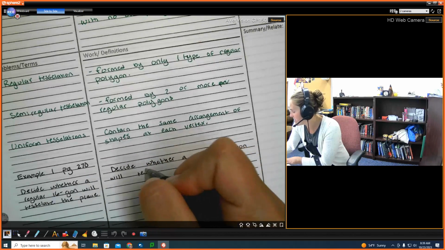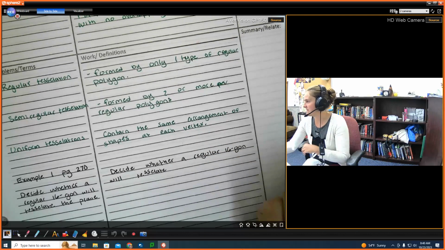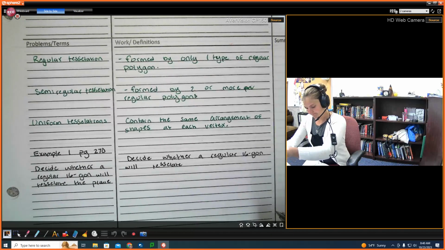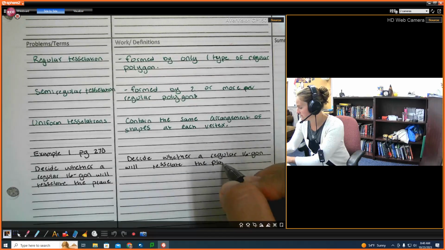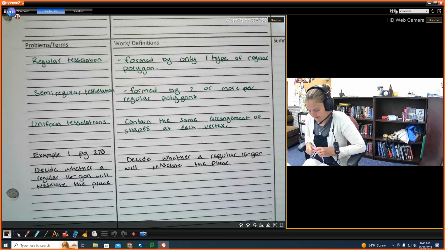What are the rules for tessellation? So we have to find out the interior angles of a 16-gon. Does anyone remember how to find out interior angle?